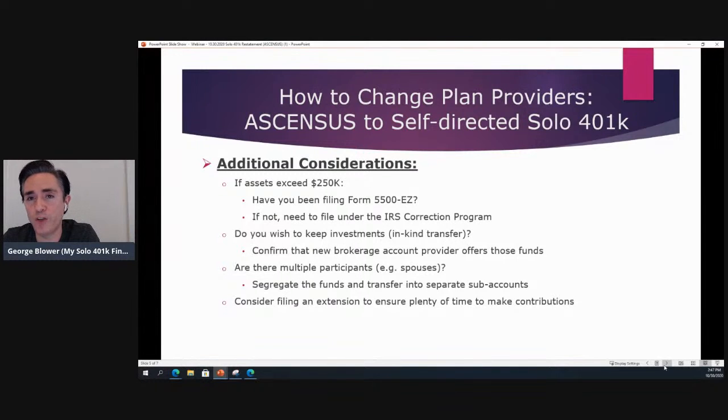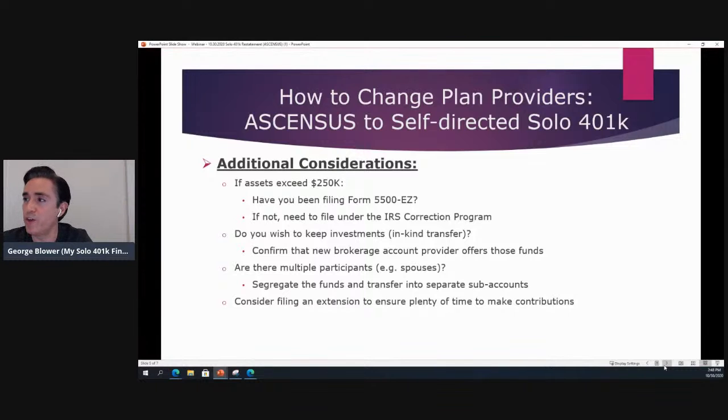So you roll over the 40 to the solo. So now you can take a $50,000 loan, where again, we prepare the paperwork for that. Or let's say you want to be able to invest that SEP IRA in cryptocurrency, and it's at Vanguard and they don't allow you to invest in cryptocurrency. You roll it over to the solo 401k with us, which does allow for that type of investment, and then you could do that.